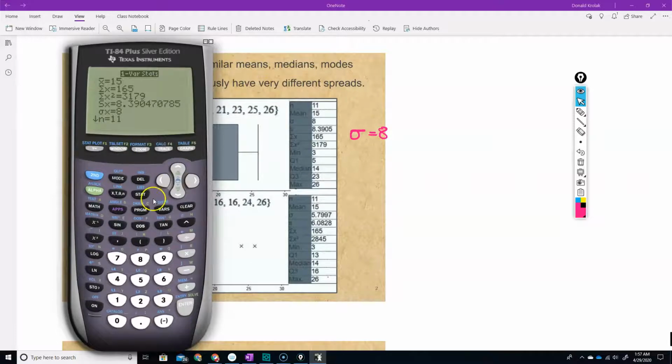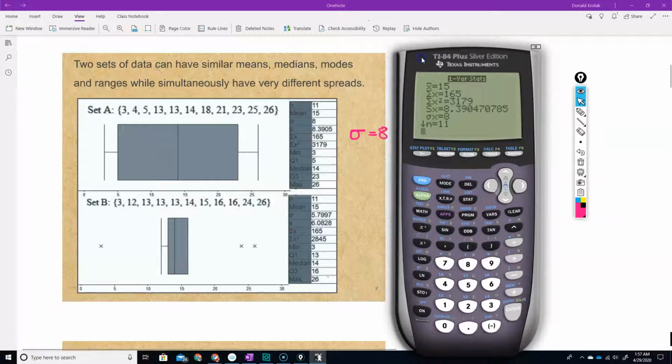Now let's go back and get the standard deviation for this second set of data. All I do is go back to Stat, go to Calculate, choose one variable statistics, and now change my list from L1 to L2. To do that, you press 2nd, Stat, and that takes you to the lists, and then you go down to list 2.